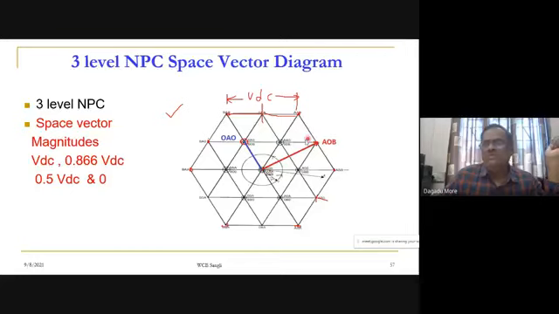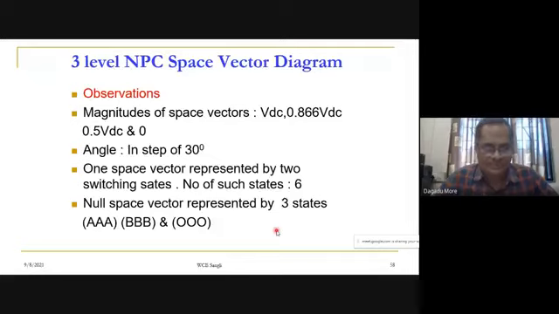Once you get these points, you draw lines parallel to all the sides of the hexagon, and whatever diagram you get will be the space vector diagram for that particular multi-level inverter.